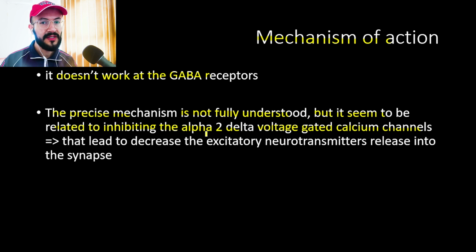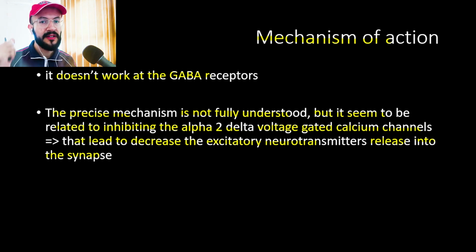The alpha-2 delta calcium channels are related to the excitatory neurotransmitters. So when we inhibit them, that leads to decreased excitatory neurotransmitter release into the synapse, meaning the gabapentin mechanism of action is related to decreasing the excitatory neurotransmitters release.